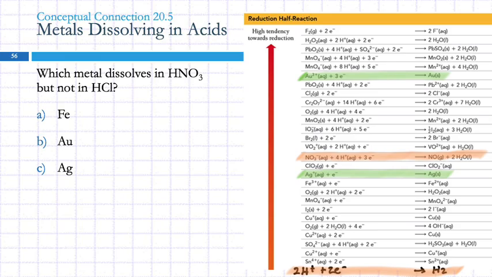I'm having a hard time finding iron. It's under silver. Thank you. Well, no. See, this is not the right one. That's iron, but it's not Fe. It's Fe2+. So we're looking for Fe solid.